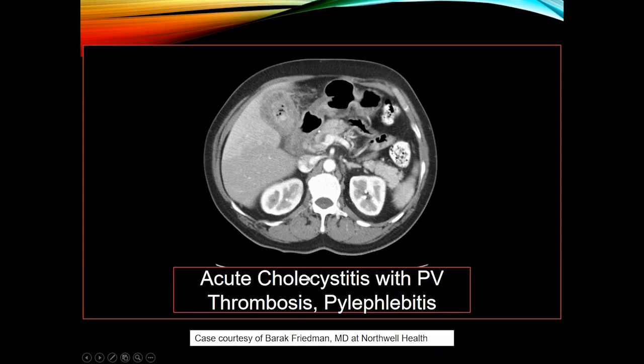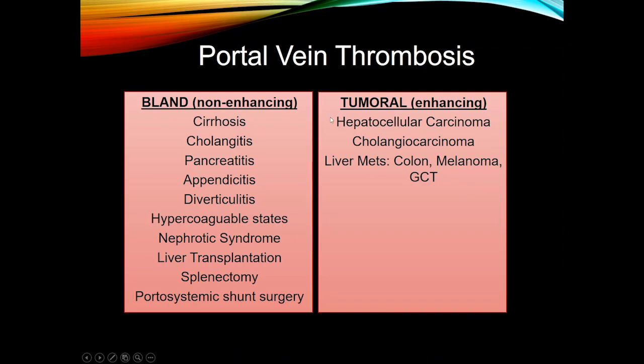So any kind of infectious process or inflammation can lead to pylephlebitis. In this case, it was acute cholecystitis. Most commonly, we see this as a consequence of diverticulitis. So whenever you have bowel inflammation, any bowel inflammation, please do look at the vessels because you may see some thrombophlebitis associated with it.